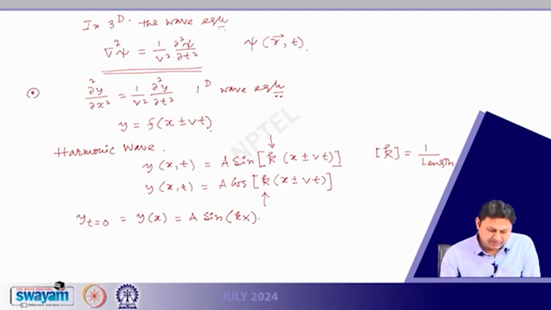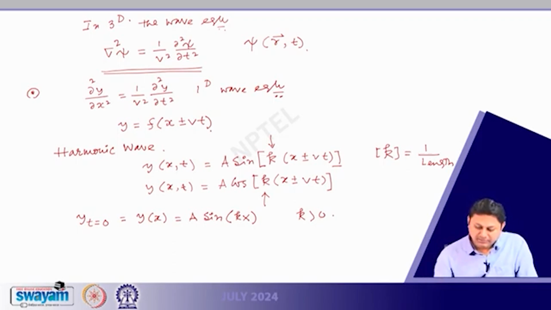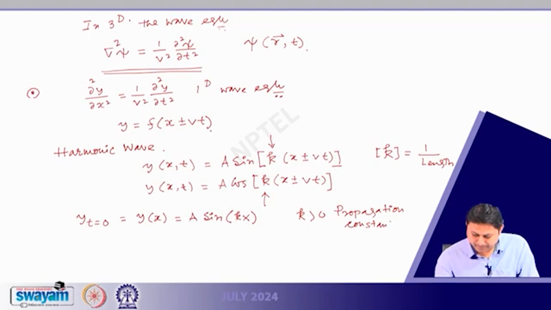So k here is generally greater than 0, and we call this the propagation constant. And the dimension of k, we already mentioned, should be 1 by length in order to make this argument of sine dimensionless.